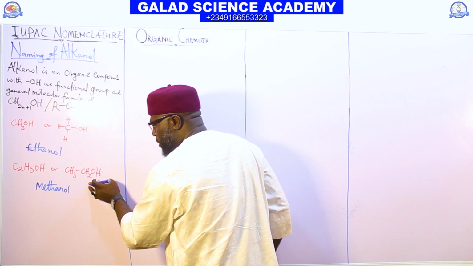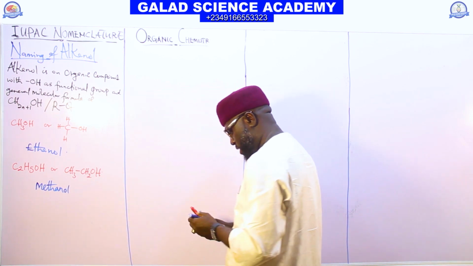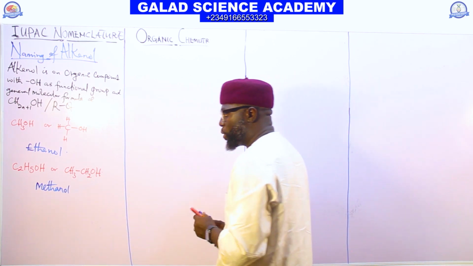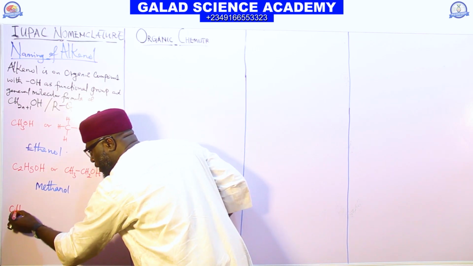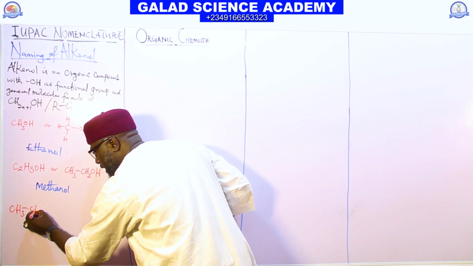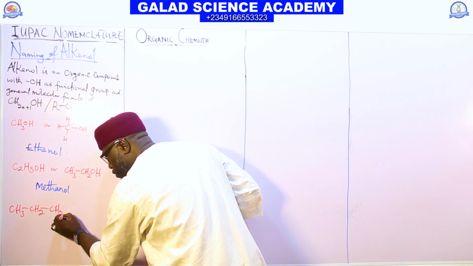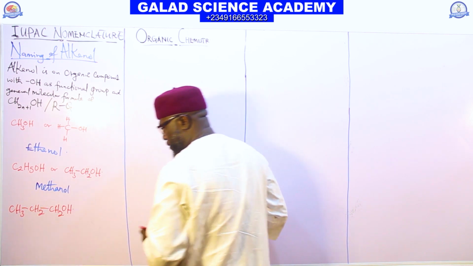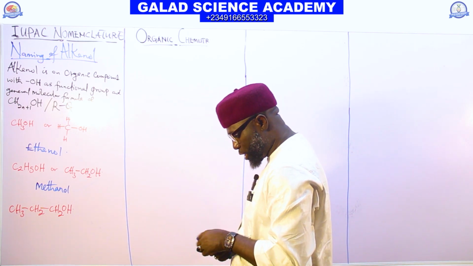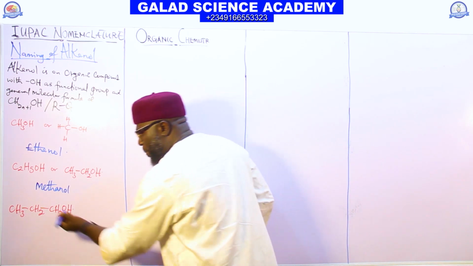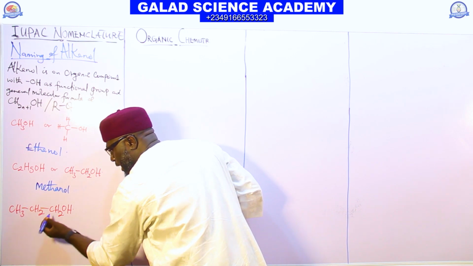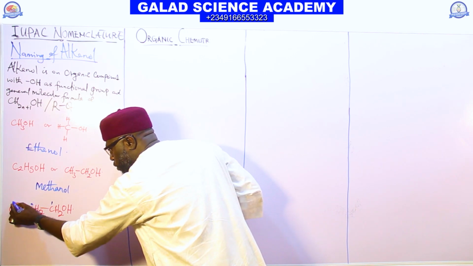Let me draw it. The next one, we can have a compound of CH3CH2CH2OH. Look at this compound. How many carbons? 1, 2, 3.